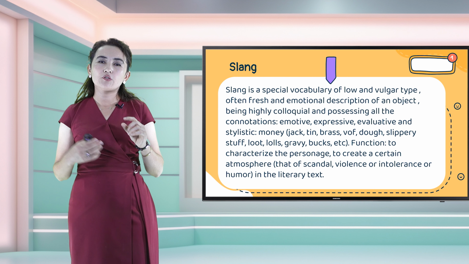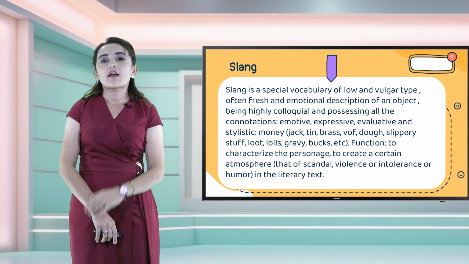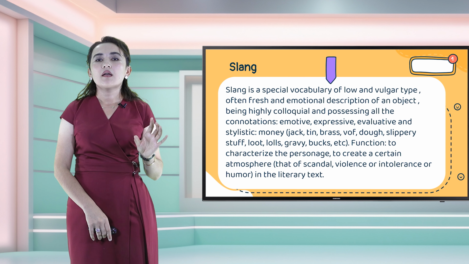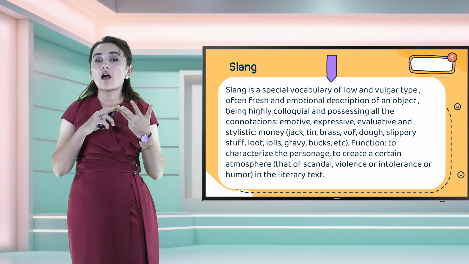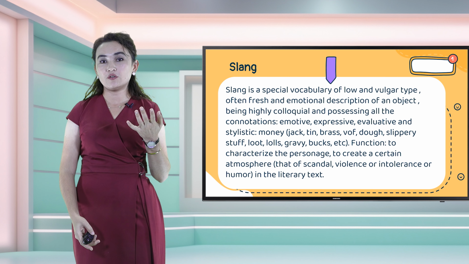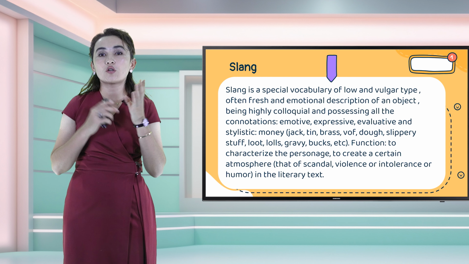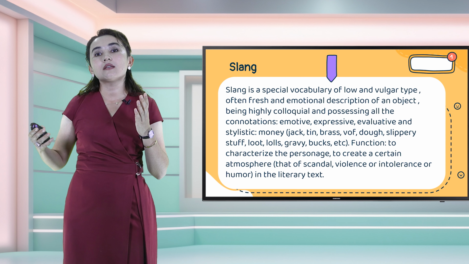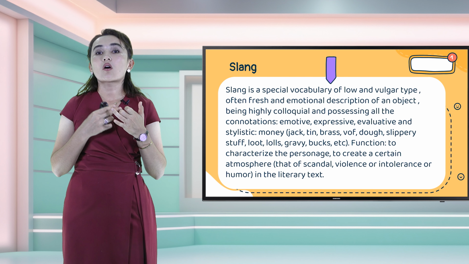The slang, for example, money in the Uzbek language, in the English language, has got some connotative meanings like jack, tin, wad, dough, slippery stuff, loot, lolly, as we have also in the Uzbek language, etc. For example, the word pul has got connotative meanings, other mullajrin or sokka.